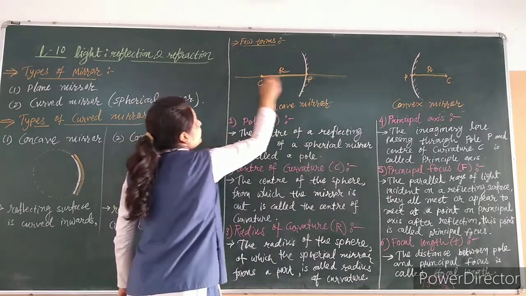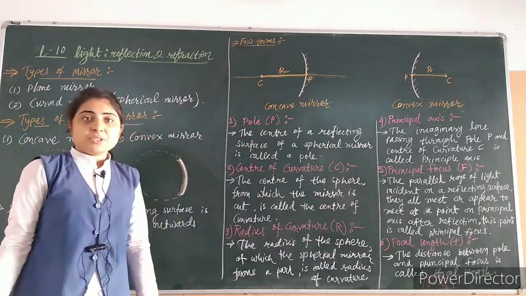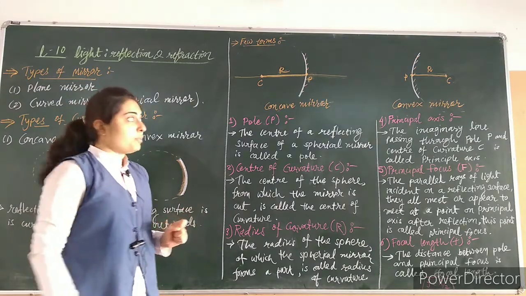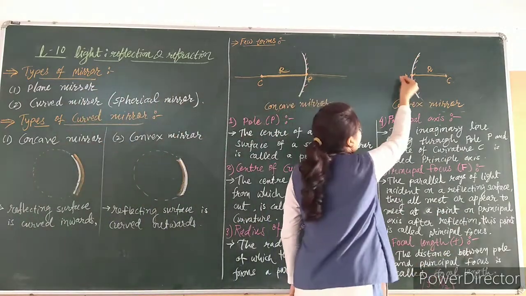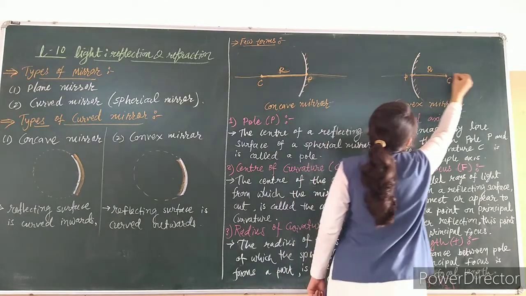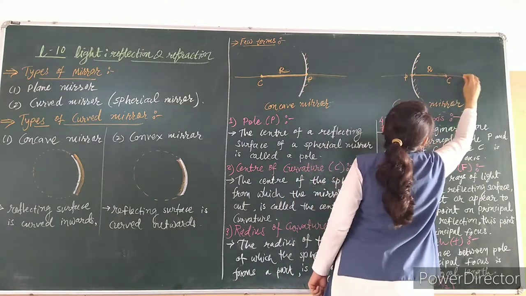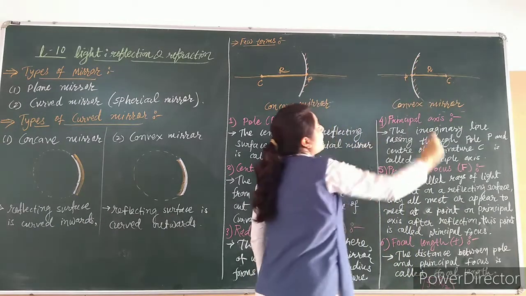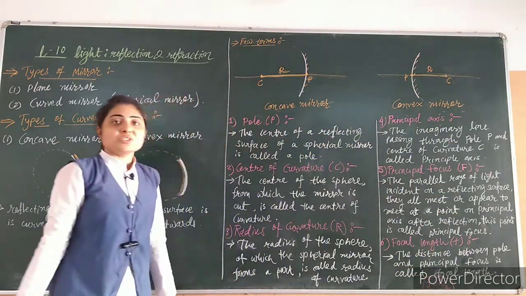So this line will be the principal axis, which passes through the center of curvature and pole P. For the convex mirror, the imaginary line passing through C and P is the principal axis.